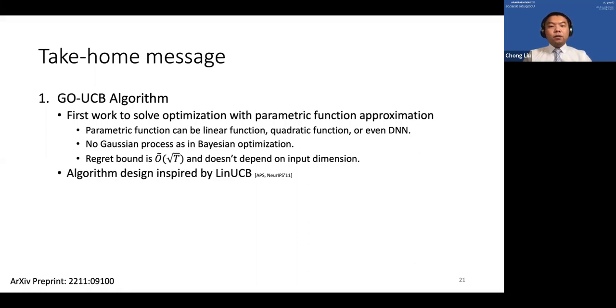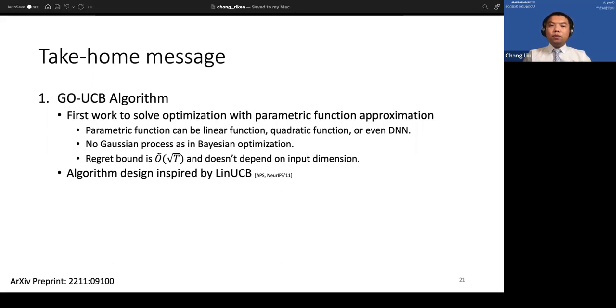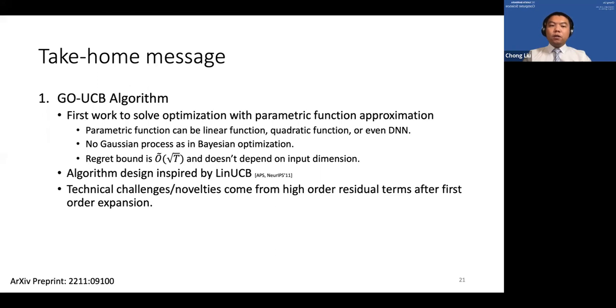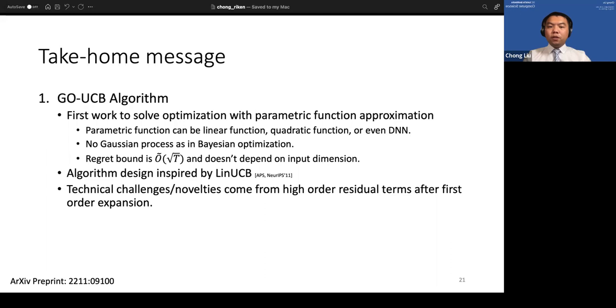I'd like to acknowledge that the algorithm design itself is inspired by linear UCB, a paper that appeared in NeurIPS 2011, which is a very classical paper, I should say. But here the difference is that since I am dealing with a more general nonlinear parametric function, I incur a lot of technical challenges, and I have some technical novelty, which comes from the higher order residual term after the first order expansion.